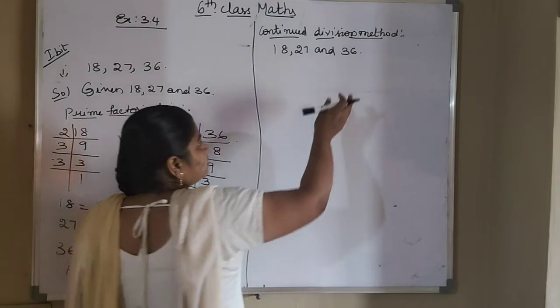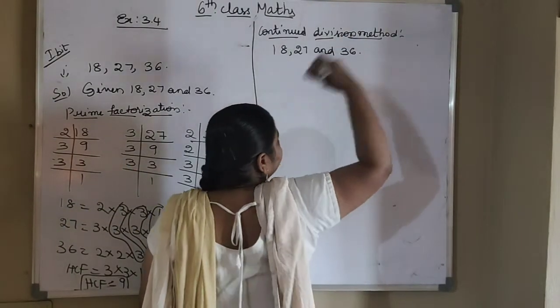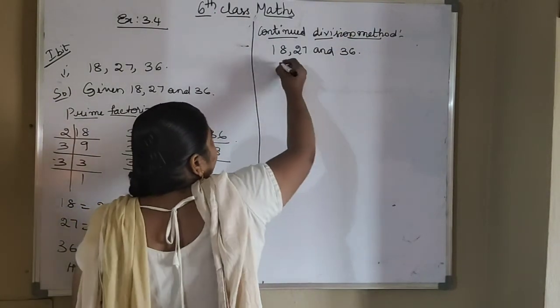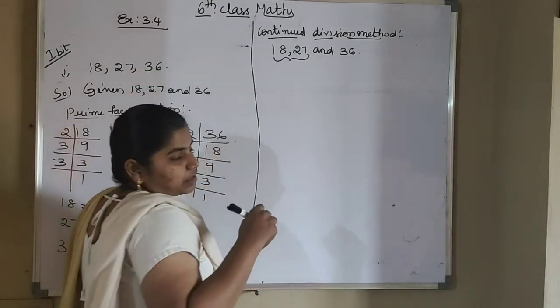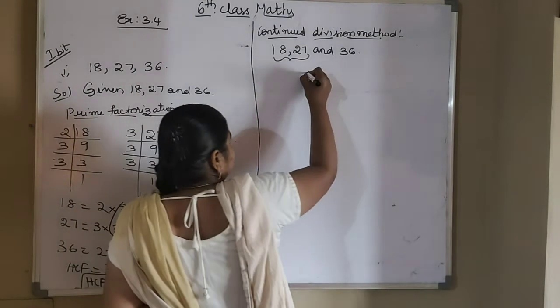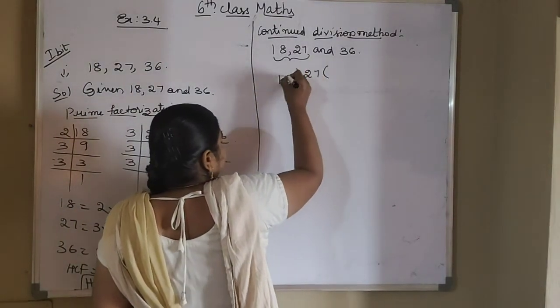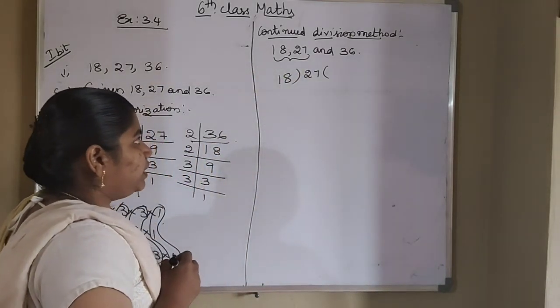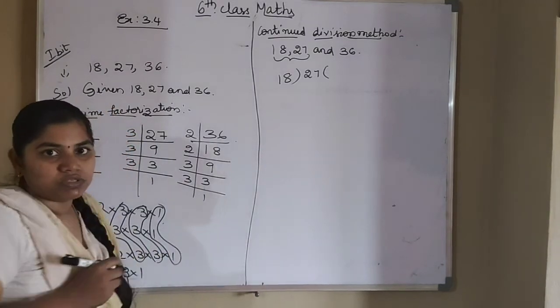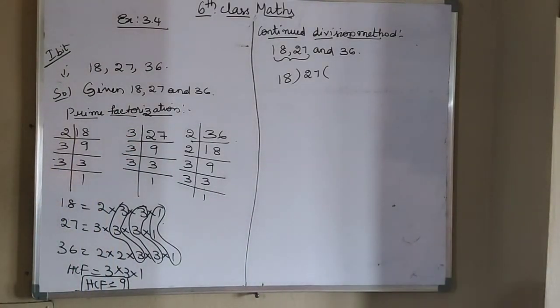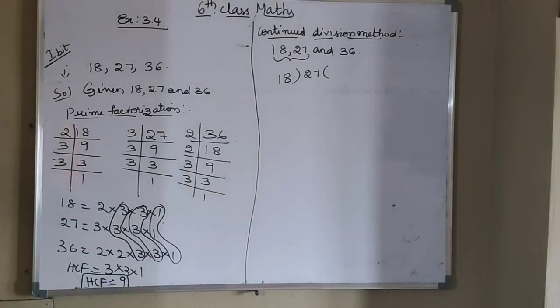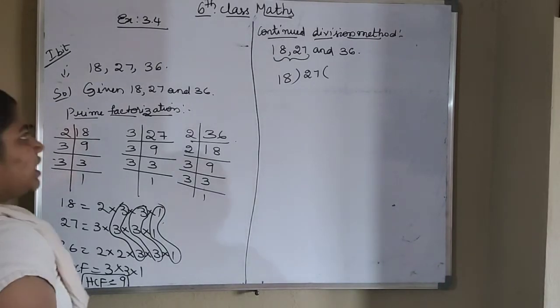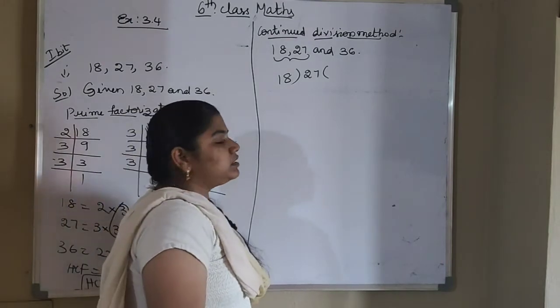What is the biggest number? You leave that one. Afterwards we will see. And what are the other two numbers? 18 and 27. So this 27 we have to divide with 18. Okay. So 18 ones is 18. 18 twos is 36.